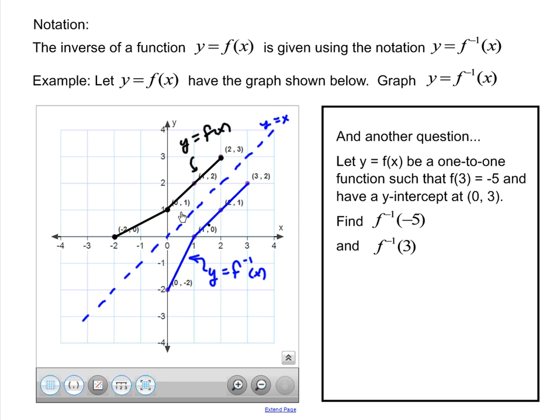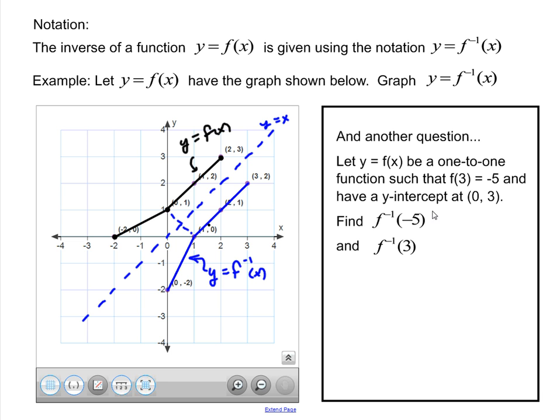Every point on one graph is reflected, with the coordinates reversed, in its inverse. So we can actually look at graphs and determine whether or not they're inverses by looking at whether or not they are symmetric about the line y equals x. So that's just a quick test that we can use.